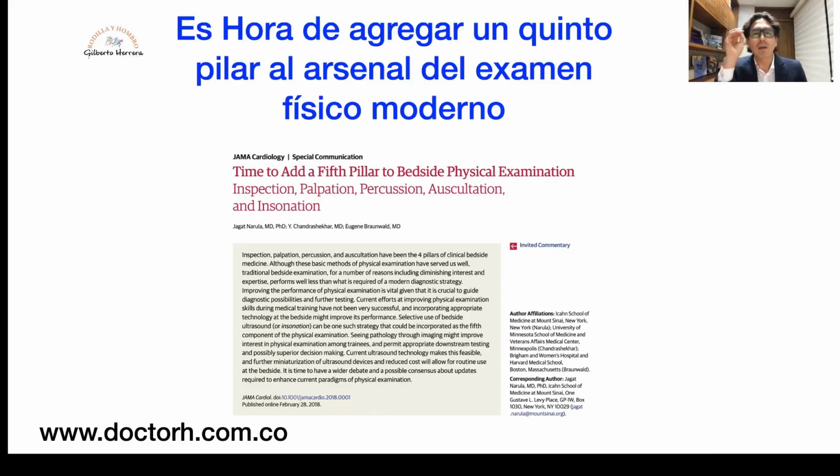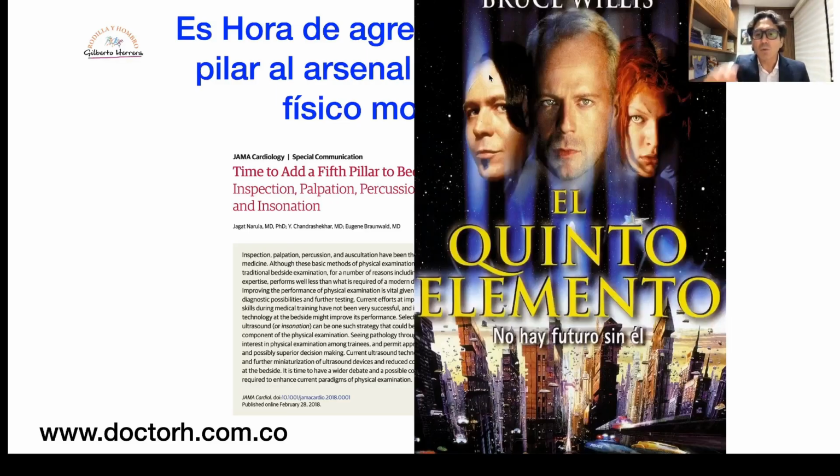So, another very beautiful article also appears in JAMA, where they say, we traditionally learn medicine with 4 pillars: inspection, palpation, percussion, and auscultation. But today, we must add a 5th element to this arsenal, which is sonography.